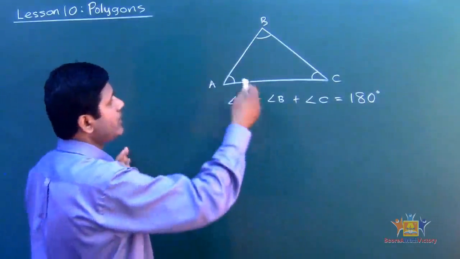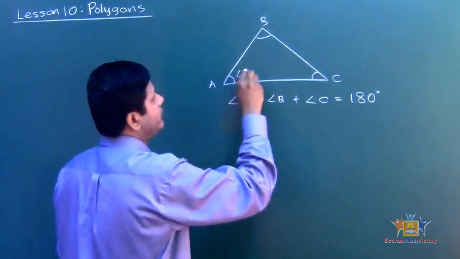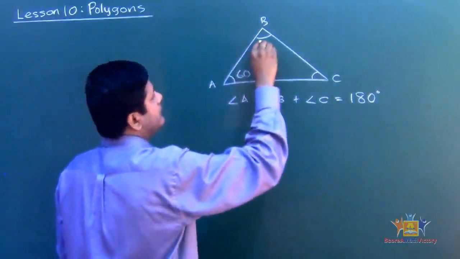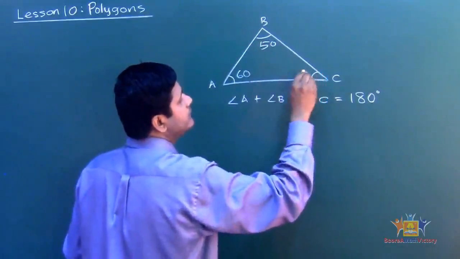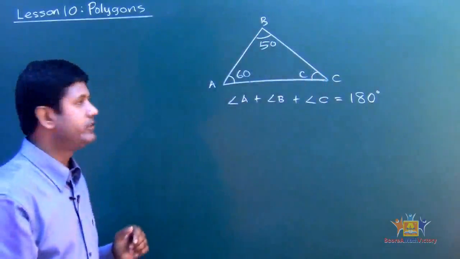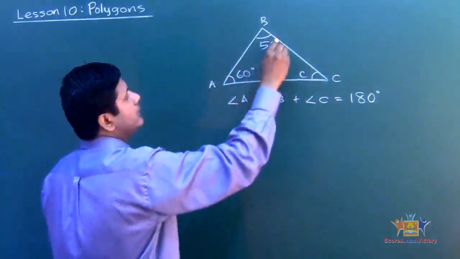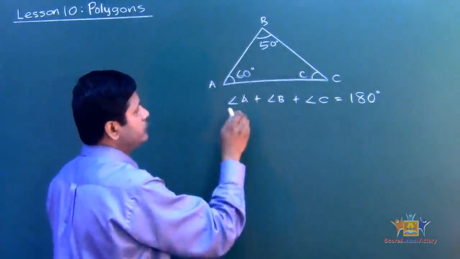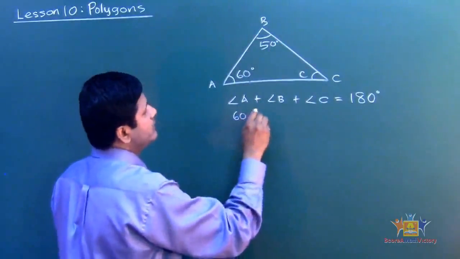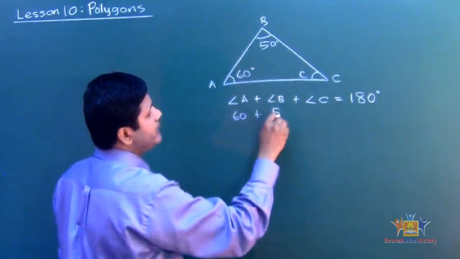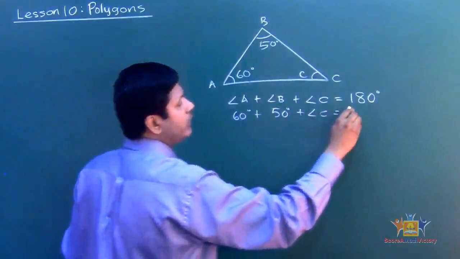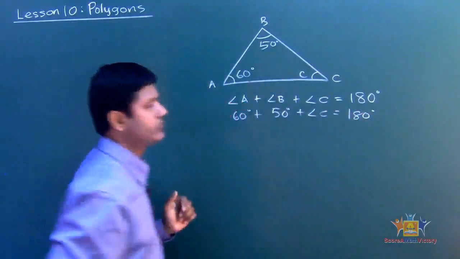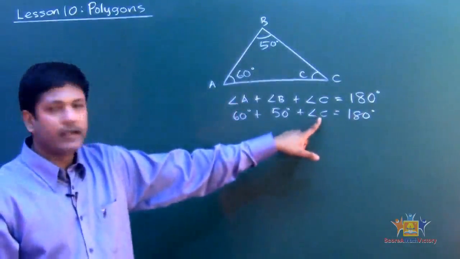Let's say I give you angle A as 60 degrees and angle B as 50 degrees, and I want to find angle C. You know the total should be 180 degrees.